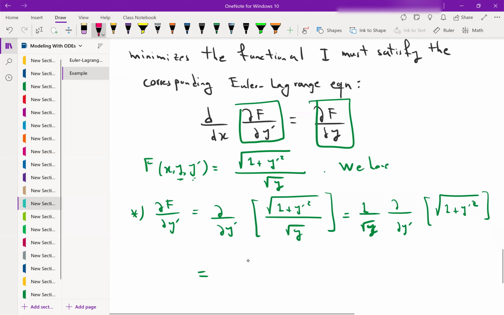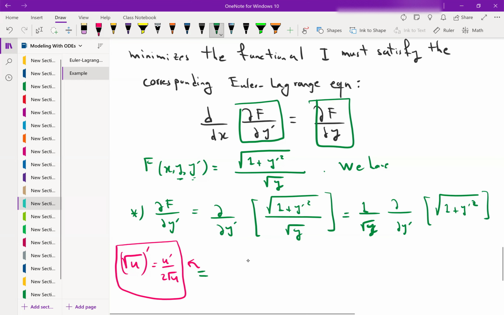My friends, remember that by the chain rule, every time I have a function u and I have the square root of u, and I want to take the derivative, it will be equal to u prime divided by 2 square root of u. This I know from calculus. So I'm going to use my rule. The 1 over the square root of y is outside, and I'm going to keep it outside.